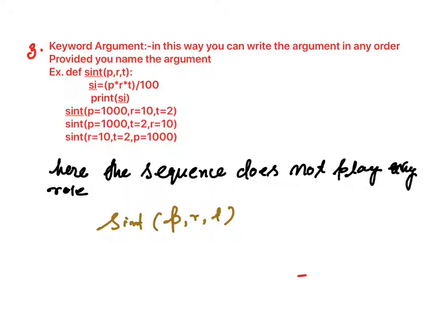Now in positional argument, when you are passing the value, the first variable will receive the first value, second will receive the second, and the third one will receive the third value. But when you are using keyword argument and passing the values through the name, you will see the first example here, then the second example here, and the third example here. I'll explain to you one by one.